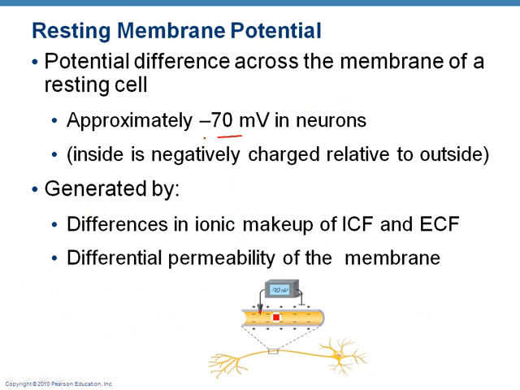You get that differential in charge based on what's inside the cell and outside the cell. ICF is intracellular fluid. ECF is extracellular fluid. The difference in the amount of sodium, potassium, chloride, proteins, things with charge, more or less on the inside or outside of the cell, builds up that charge. It's also based on how permeable the membrane is.